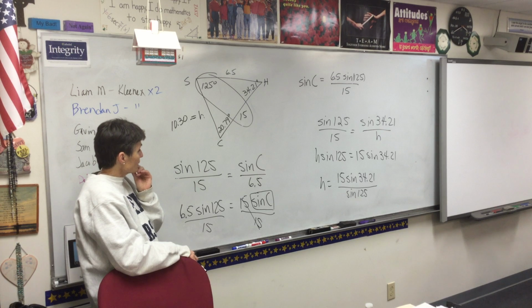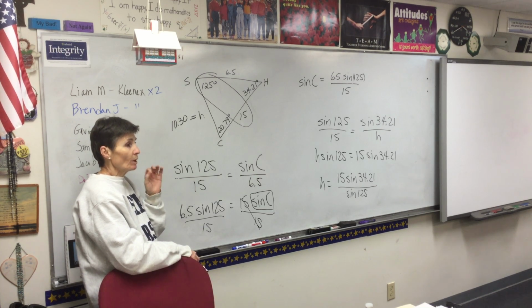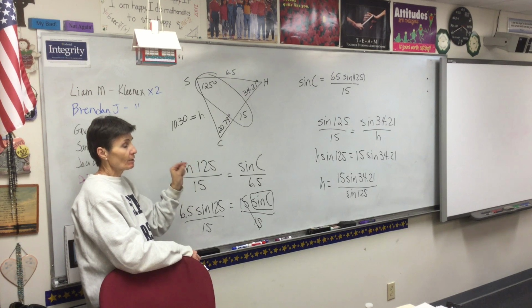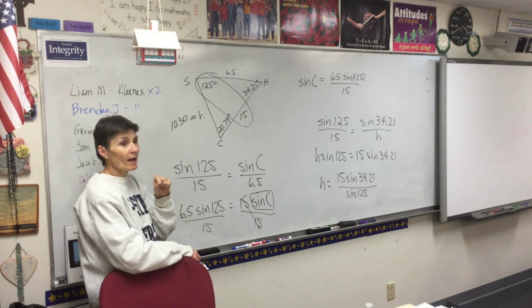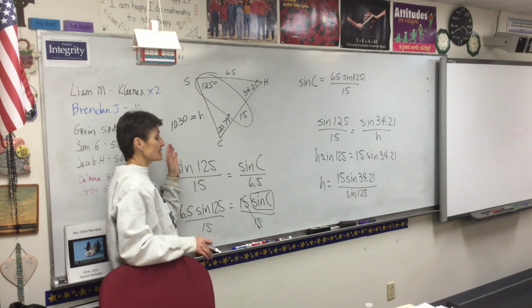While you're catching up there, this is a good time to point something out to you. Some of you on your test, it was really awesome to see. Even when you got the wrong answer, you put a little question mark over here because you knew the answer you got didn't make sense. You knew it was wrong because it didn't make sense. These are kind of the same way.